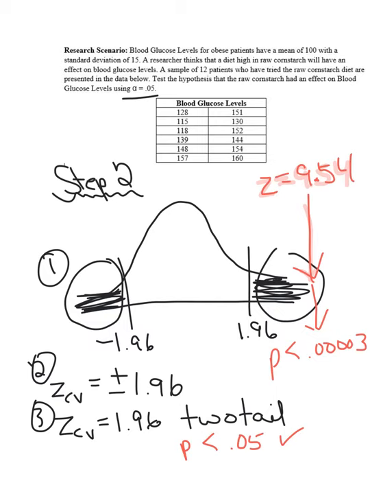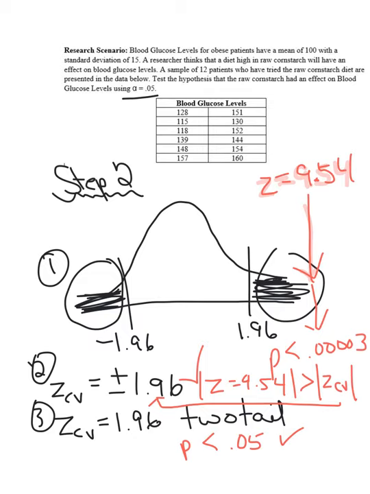And our absolute value of z, so I'm going to put the absolute value here, equals 9.54, and we're going to use absolute value because if it was a negative, it would throw you off, is larger than the absolute value of our z critical value, which is 1.96, right? So check, that's significant. So now we know we found significance.